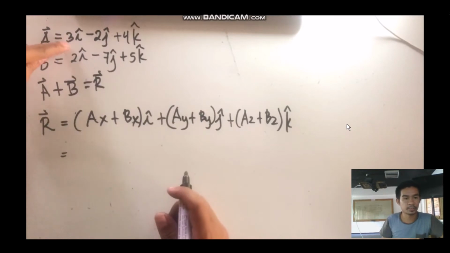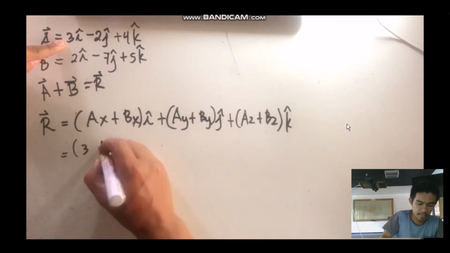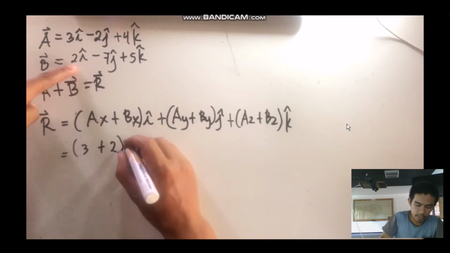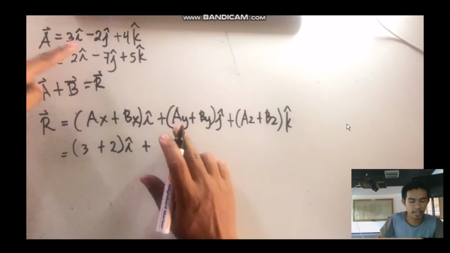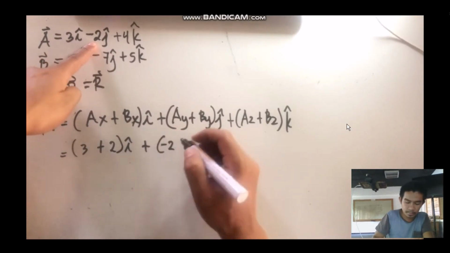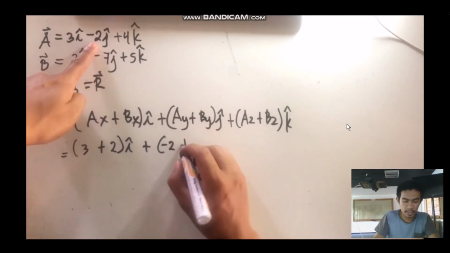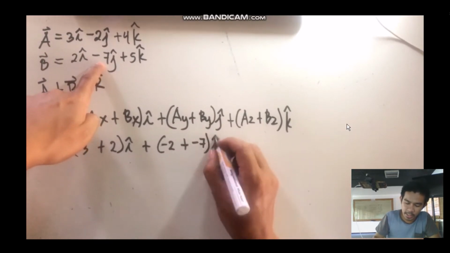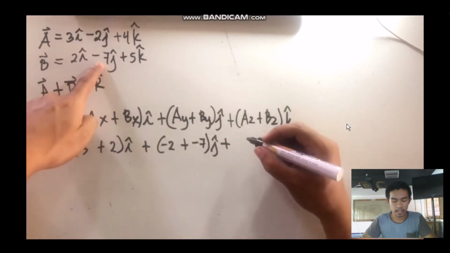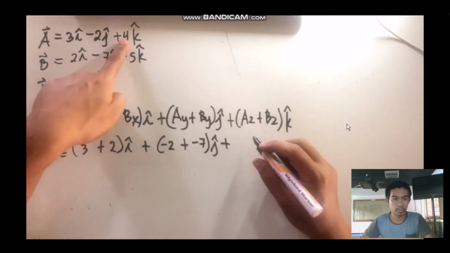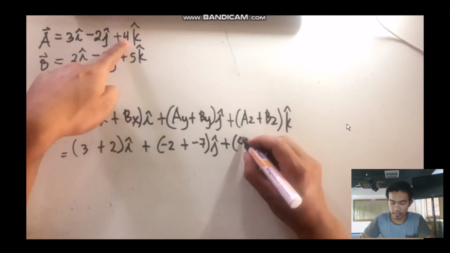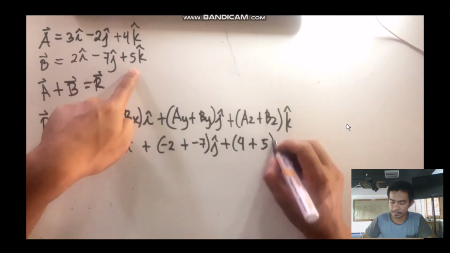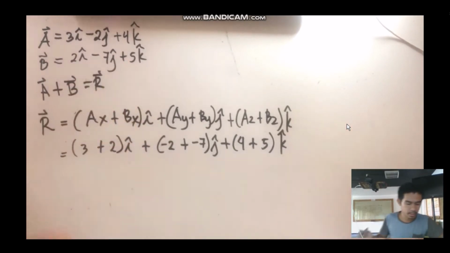This is the x component. So you have 3 plus what's the x component of b? 2. So 2 i hat plus what is a of y? Negative 2, plus b of y, negative 7, so plus negative 7 j hat, plus what is a of z, the z component of vector a? That is 4. Then 4 plus b of z, the z component of vector b, is 5, times k hat.